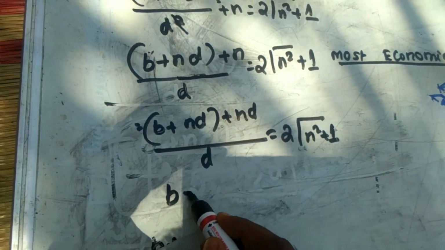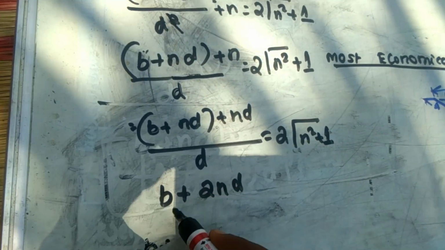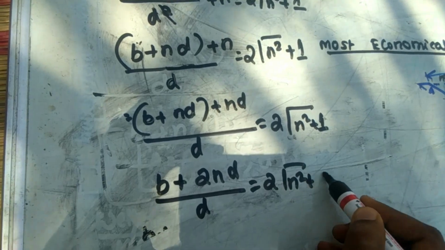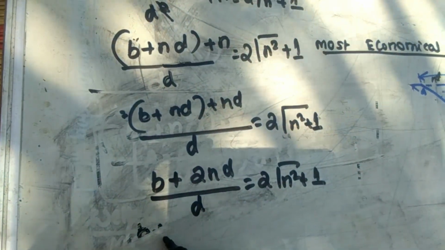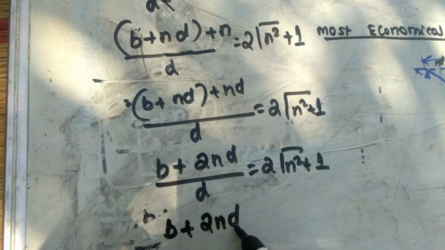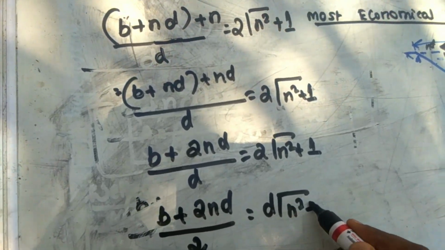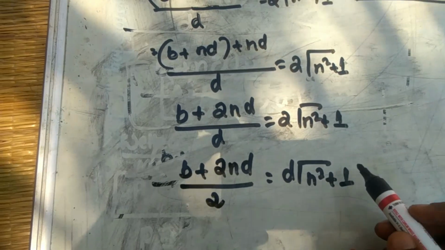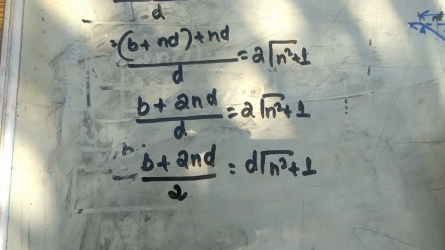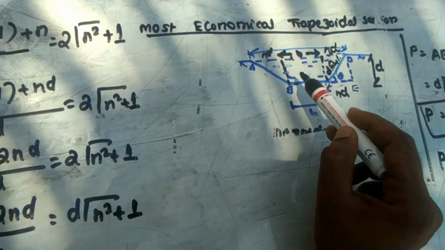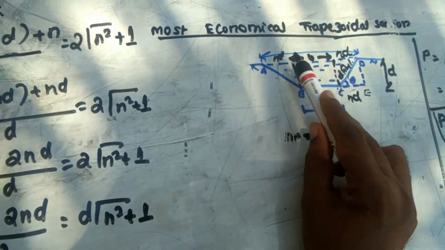So B plus 2nd divided by d is equal to 2 root of n square plus 1. So I get b plus 2nd divided by 2 into d, root of n square plus 1. This is b plus 2nd divided by 2.